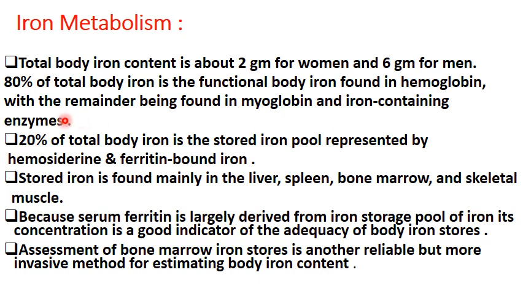What is the remainder of the functional body iron? The remainder is in myoglobin, found in muscle, and in iron-containing enzymes. The remaining 10-20% of total body iron is stored in the form of hemosiderin and ferritin. The stored iron is mainly found in the liver, spleen, bone marrow and skeletal muscle.